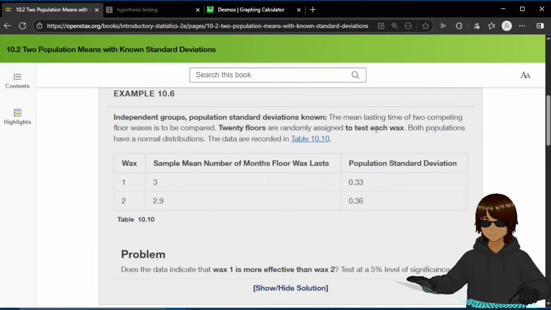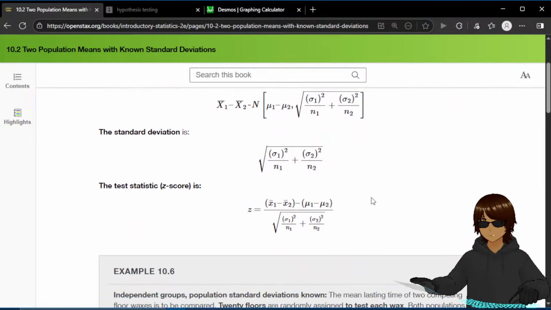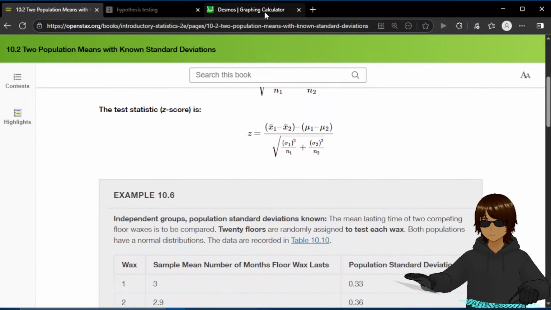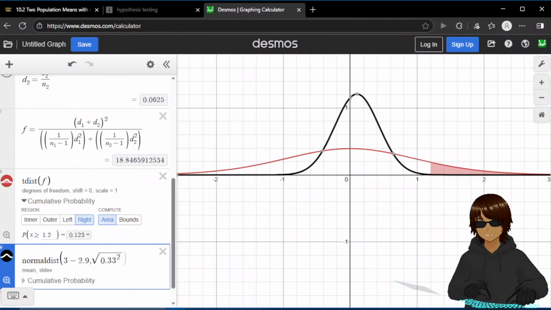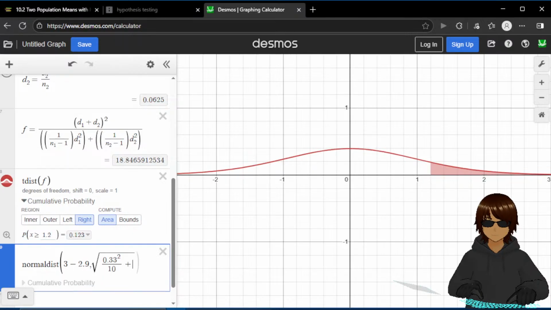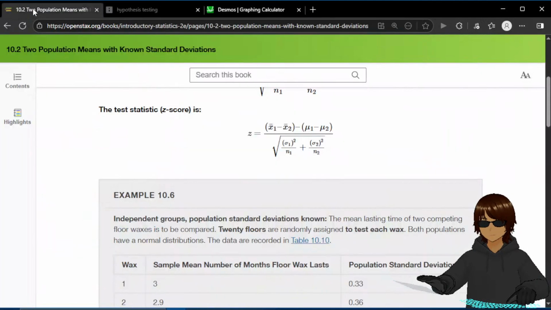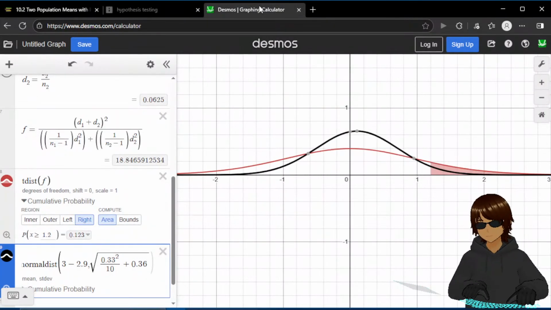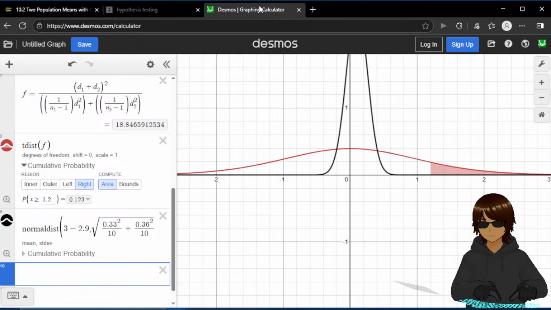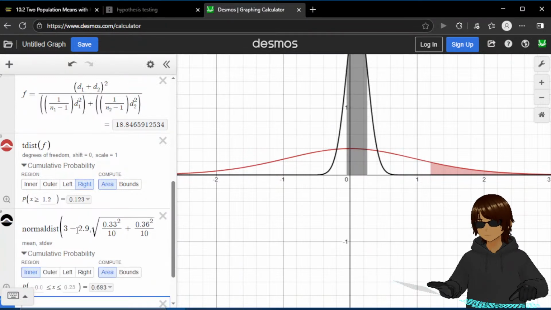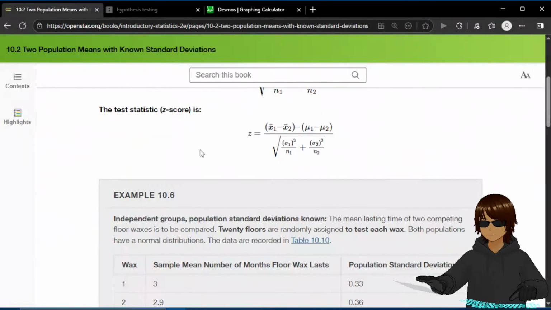And floors are randomly assigned to test each wax. Each wax has an n of 10, right? 0.33 squared divided by 10 plus 0.36 squared. So this is how it's divided.